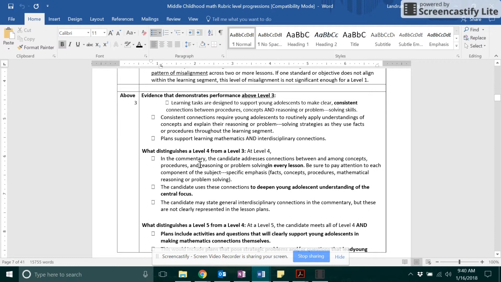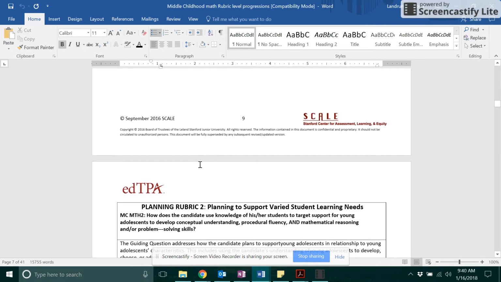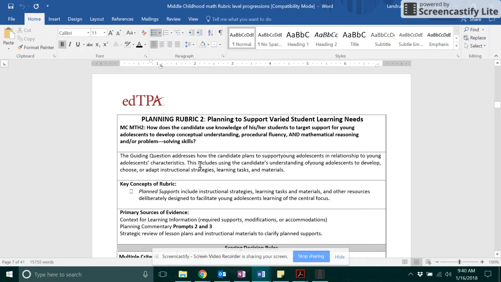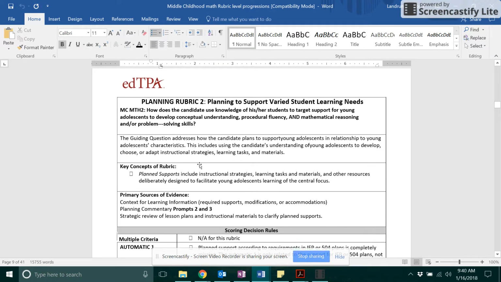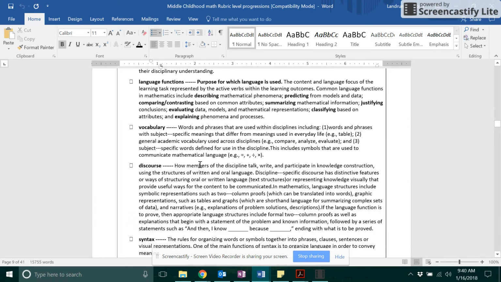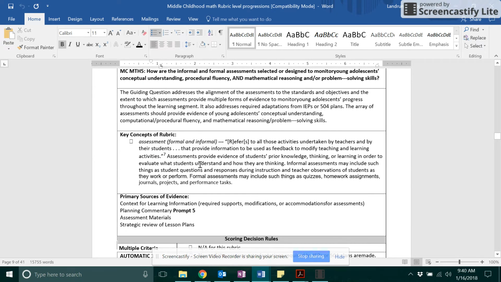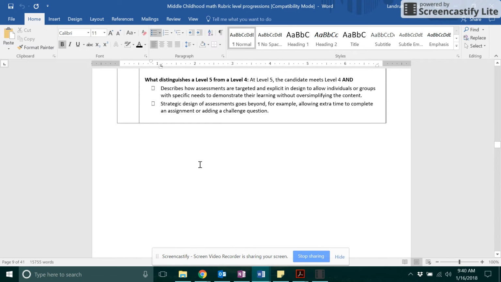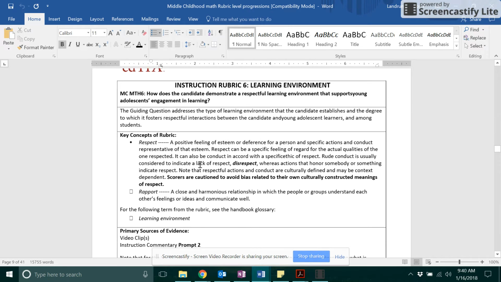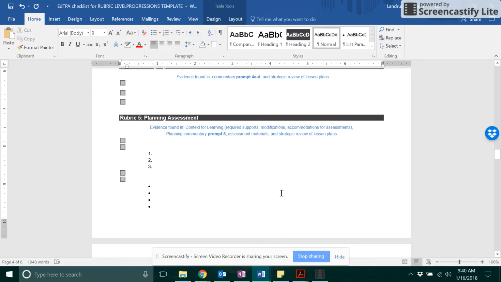Now, maybe we'll just go down to the first one on task 2. So scroll down to rubric 6. Rubric 5. Okay, this will just give you an idea because these rubrics are a little bit different.